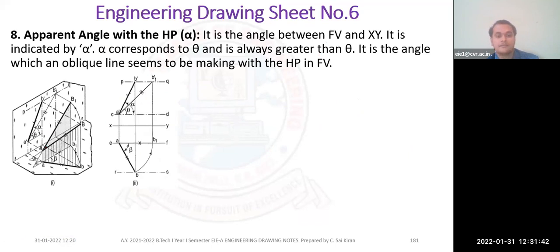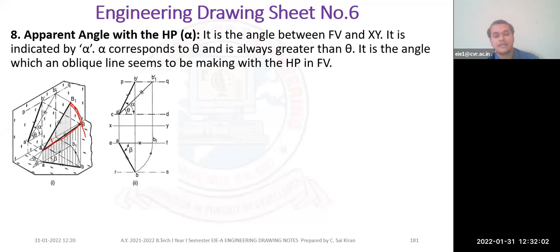So already I have my line AB. For this AB line, I gave my inclination theta. And for this theta, again I'm making one more inclination at the front.